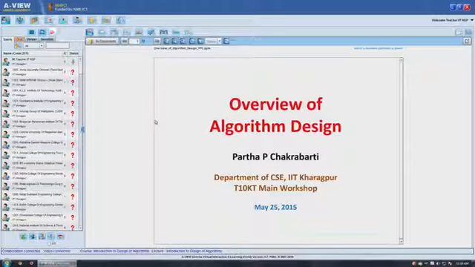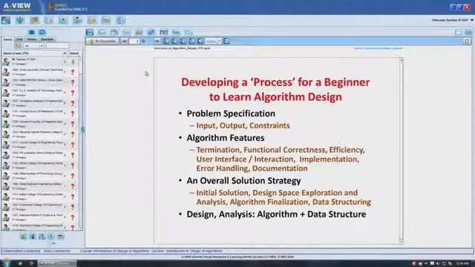And the first phase of algorithm design is to be able to accurately specify the problem.